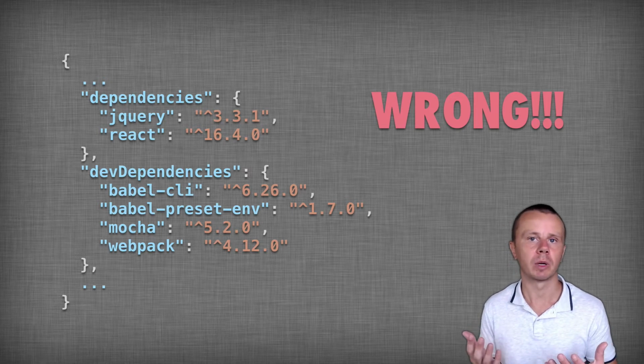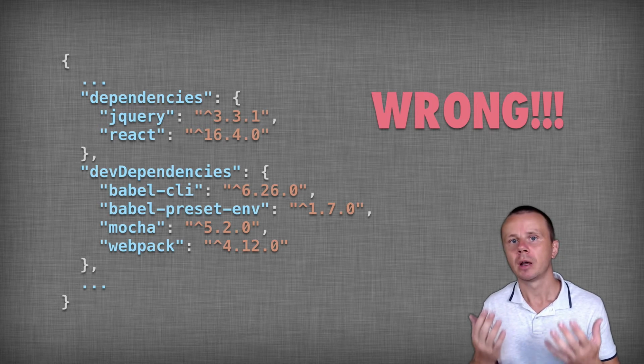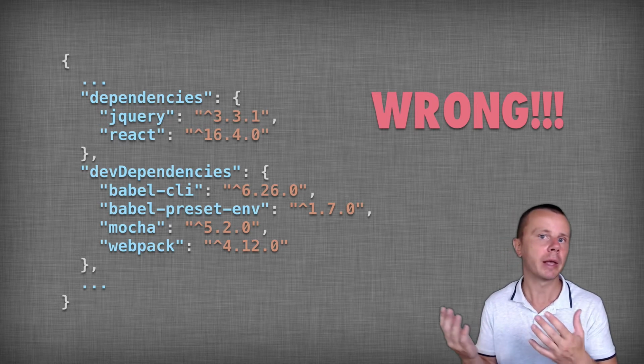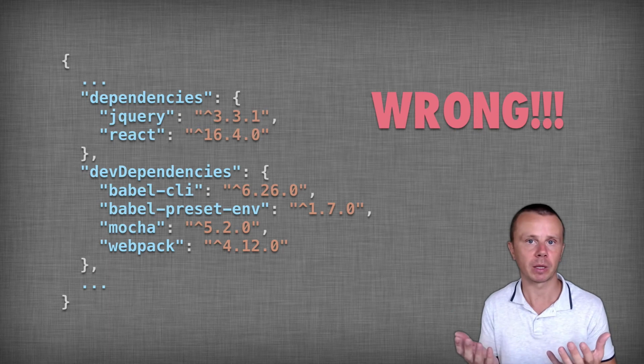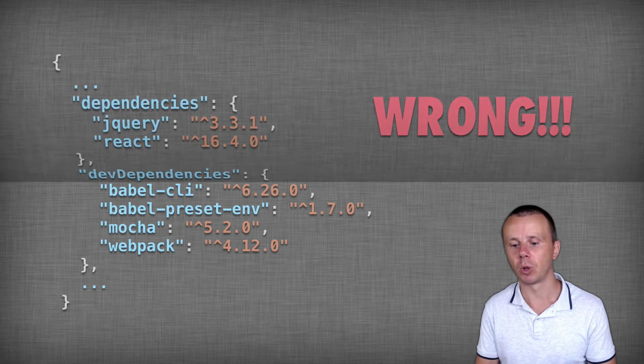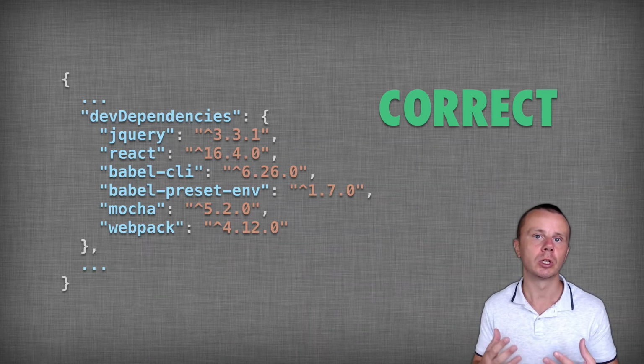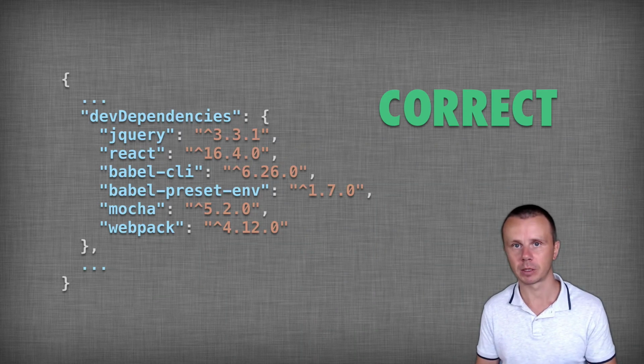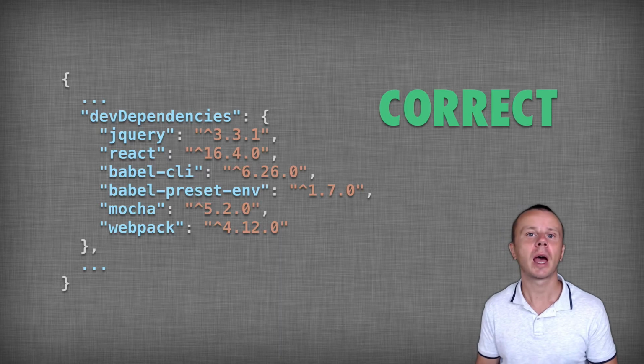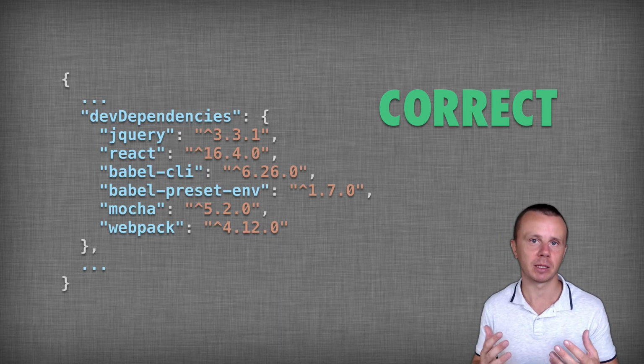Now you may ask me, how should we add each package? Should it be added as dependency or development dependency? The answer is the following. You can add all your packages that you use in your application as development dependencies. Or you can add all of them as dependencies.